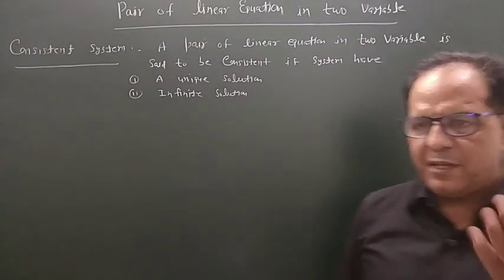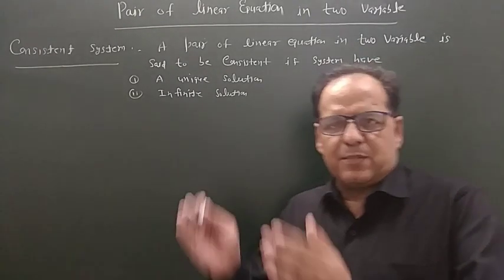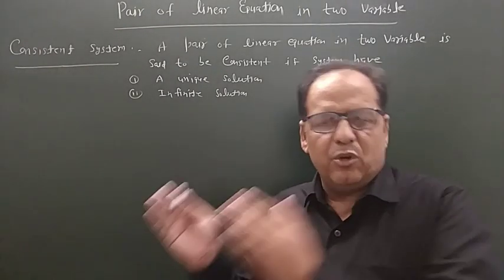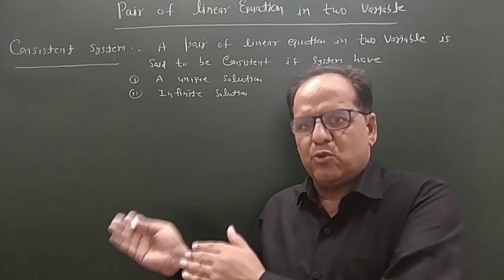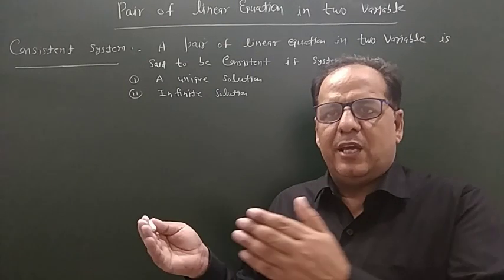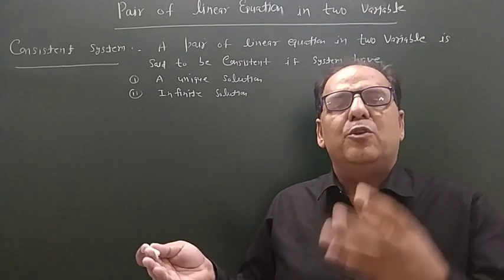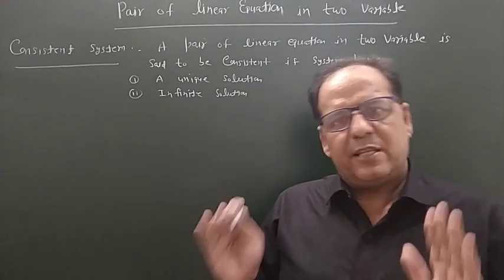If a pair of linear equations is given, that means two equations are given, a1x plus b1y plus c1 equal to 0, a2x plus b2y plus c2 equal to 0. This is the theoretical format of the linear equation in two variables. In place of a1, b1, c1 and a2, b2, c2 we have numerical values, but we are taking the standard form.